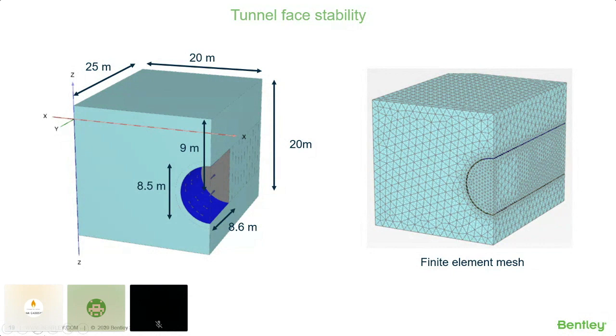It is important to find the factor of safety not only for the full length of the tunnel, but each and every step of the tunnel excavation needs a safety analysis in order to find the factor of safety.